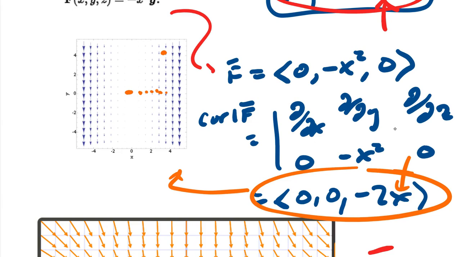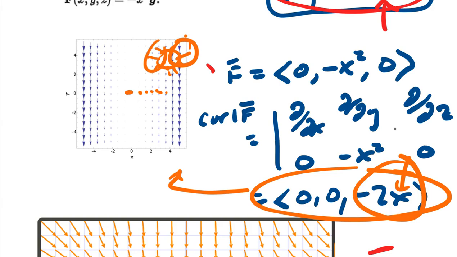At 5, 4, we look at the x value, so that would be negative 10. So the curl here is greater than the curl here, which you would expect, because if there's a little paddle wheel here, it's going to turn more over here than it will here, okay? And it's going into the page here because of these negative values.